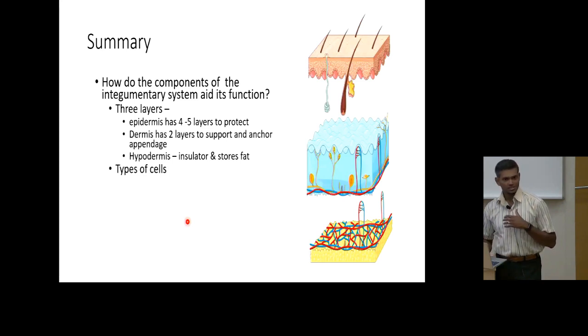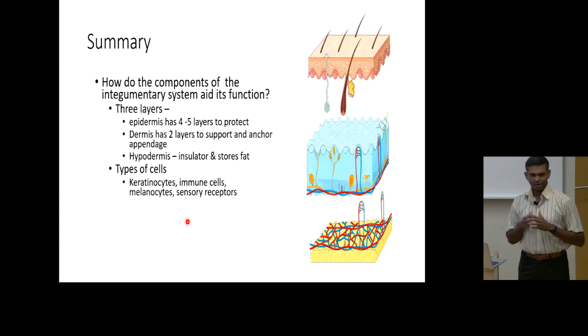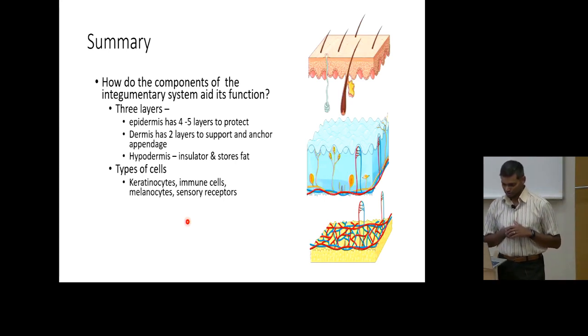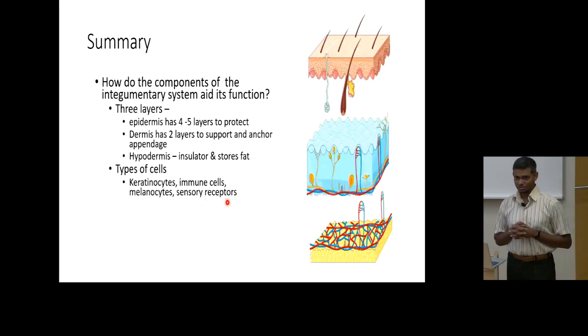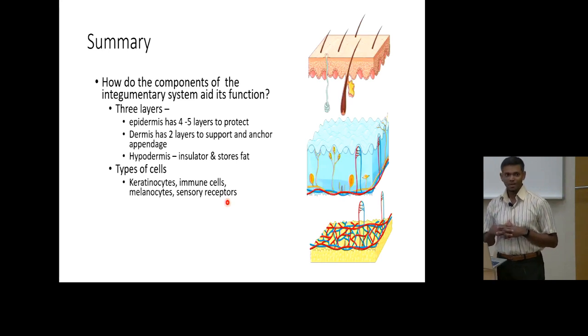And we discussed the various types of cells, and specifically we focused on the keratinocytes, which have a protective function, and melanocytes, which also have a protective function by secreting melanin to protect from UV radiation. In terms of sensory receptors, we talked about different types of sensory receptors, so I would expect you to know what their functions are and where they are found.